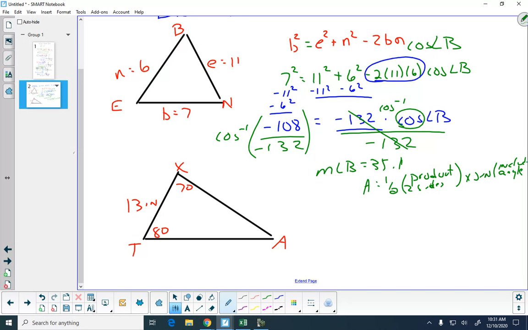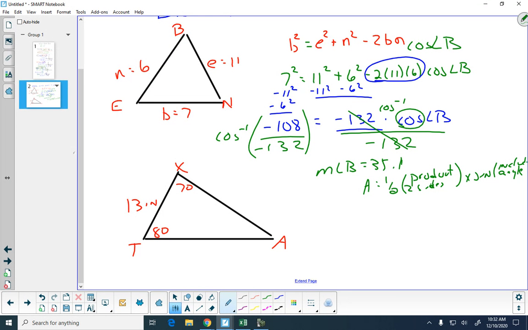Well, the problem we run into in this problem is I need to multiply two sides together, and I don't know two sides. All I know is two angles and a side that's included. To be able to calculate the area, I need to know two sides.